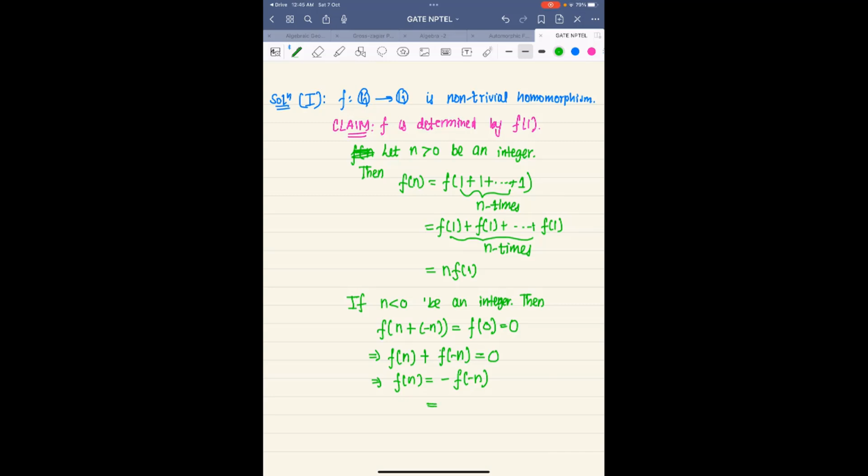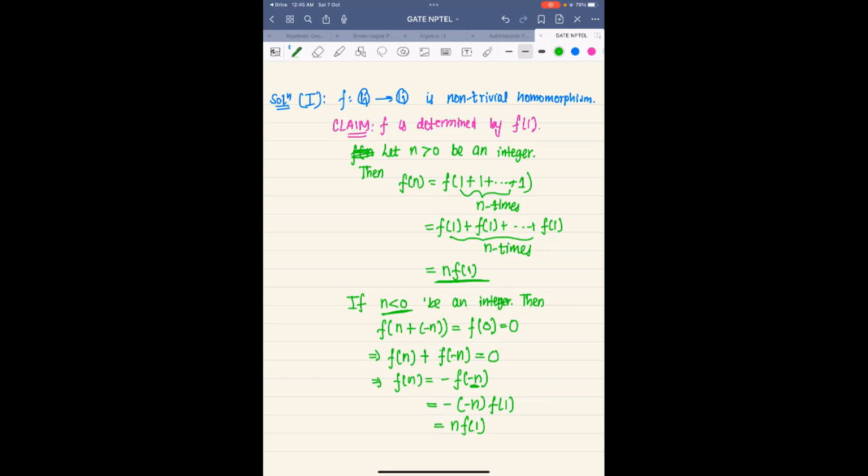Now because n was less than 0, minus n is greater than 0, so we can apply what we derived for n greater than 0: f of n is n times f of 1. So this will be equal to minus of minus n times f of 1, which is n times f of 1.